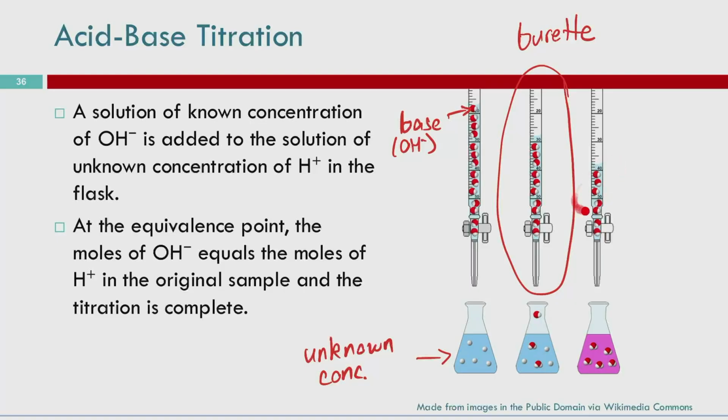So we've added a little bit more base than we need, so all of our acid has been neutralized. There's now actually a tiny little bit of excess base, and that causes our indicator to change colors, and that lets us know the reaction is complete. So pink endpoint signals the titration is complete.